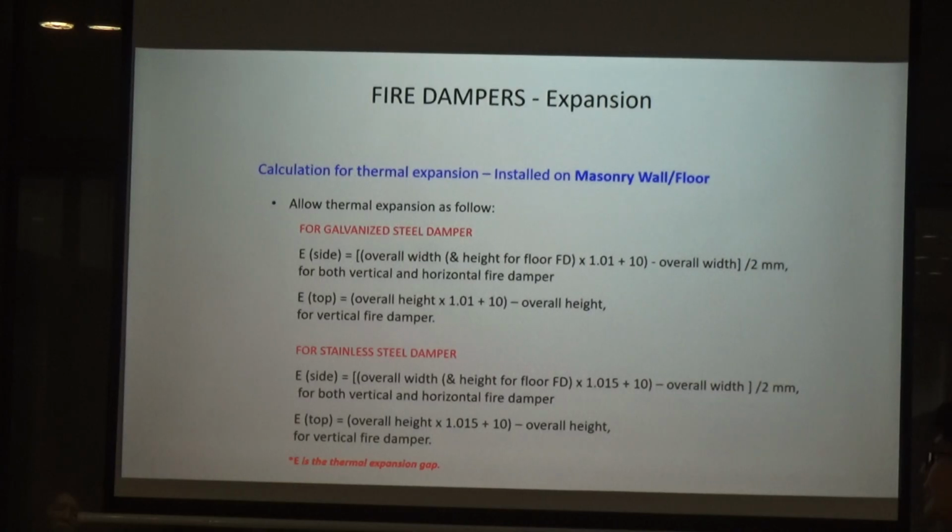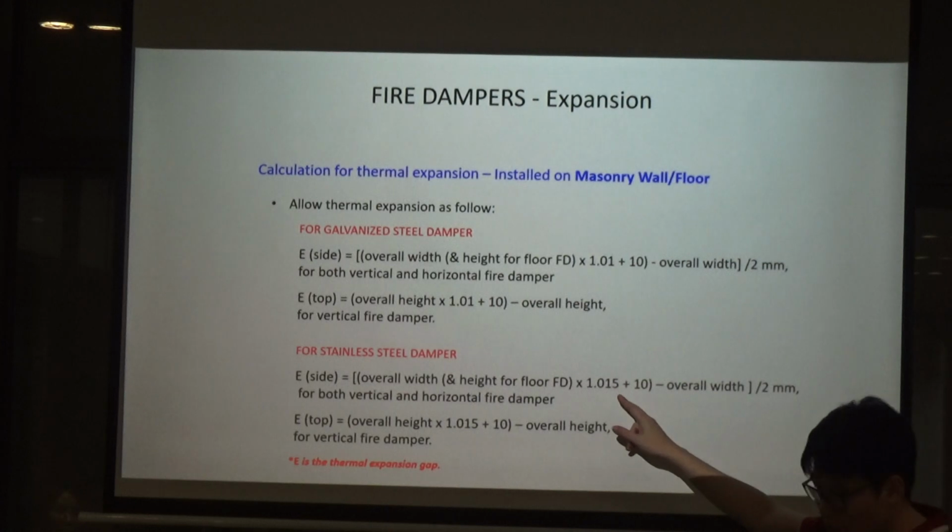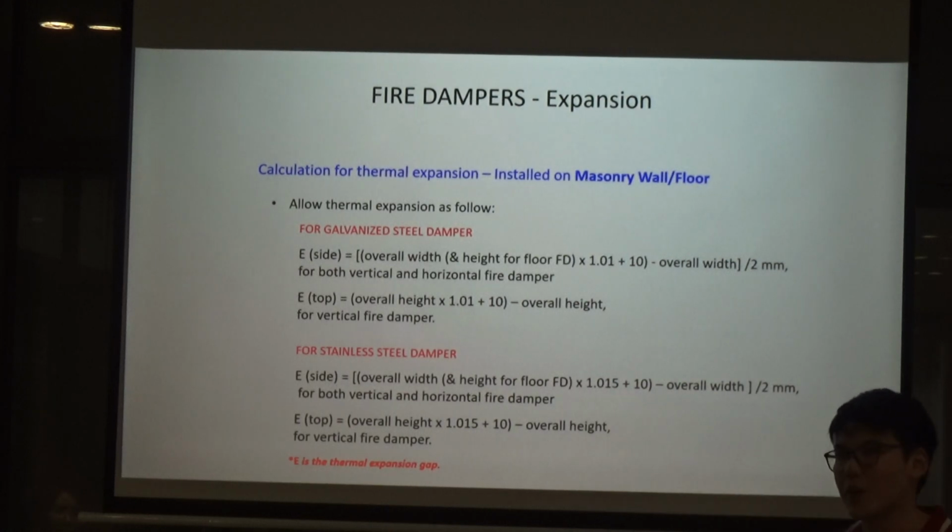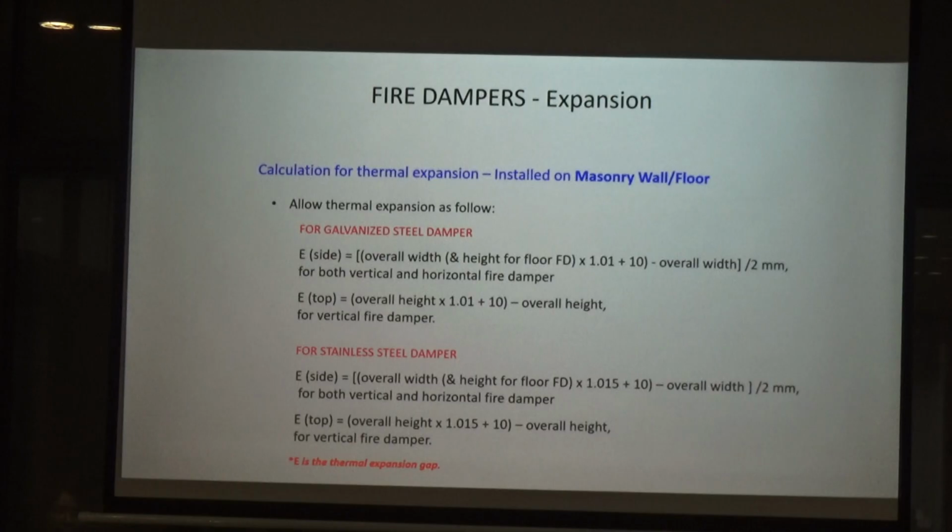Okay, so for a stainless steel damper, it's actually the same, except that this 1.01 becomes 1.015. So why 1.015? Because the expansion for stainless steel is more than the expansion for galvanized steel.